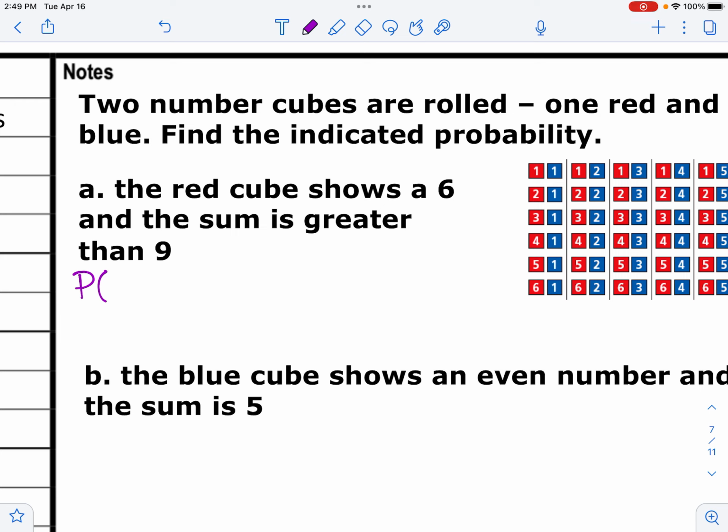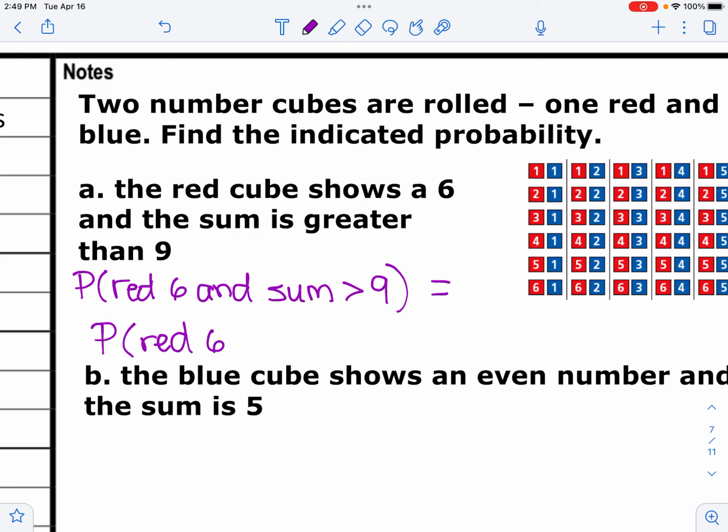Probability red 6 and sum is greater than 9 should be equal to, and I'm just going to write this, the probability of getting a red 6 times the probability that the sum is greater than 9, given that I'm talking about only a red 6.